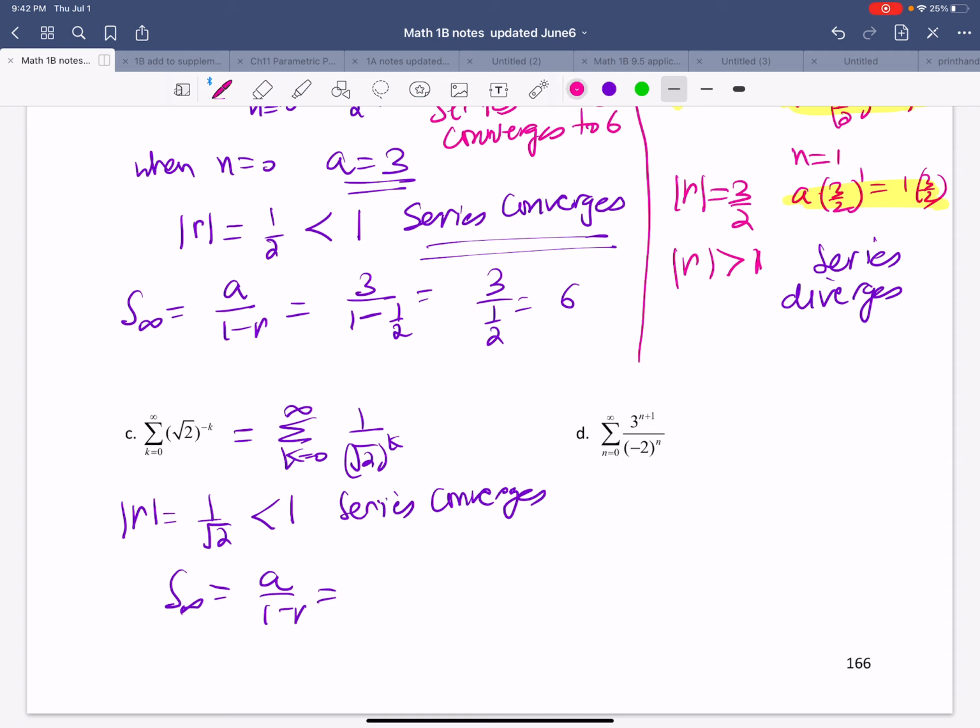What's going to be a over here? If I plug k as 0, anything to the 0 power is 1, and the common ratio is 1 over square root of 2. Let's go ahead and simplify it. That would be 1 over 1 minus 1 over root 2, which turns out to be root 2 over root 2 minus 1.